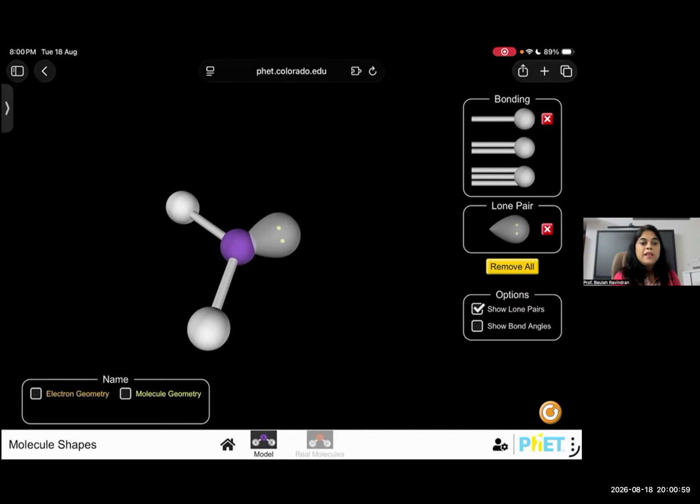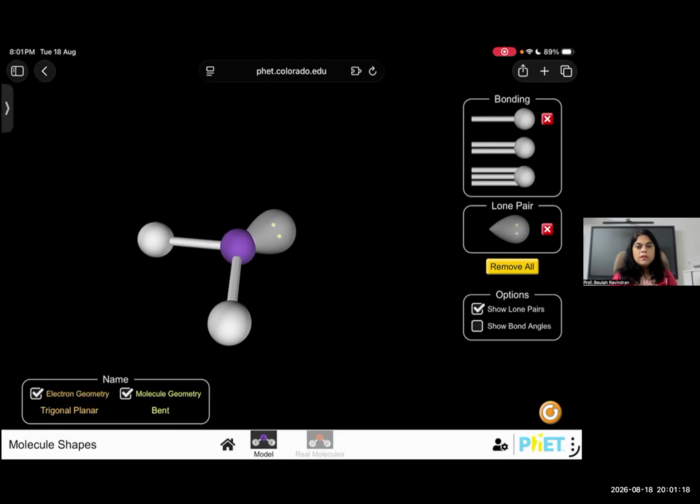Then AB3E means one central atom. Before that, we saw AB2E type, right? So this also you can able to see. First, what we saw, this one and this one, these two are the bond pairs.